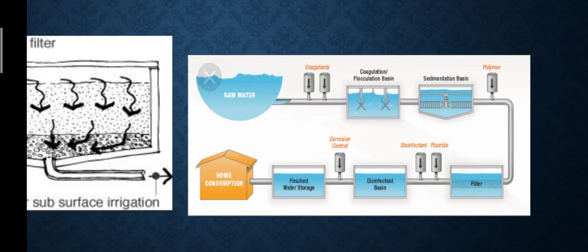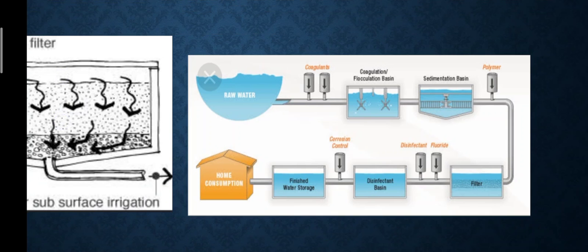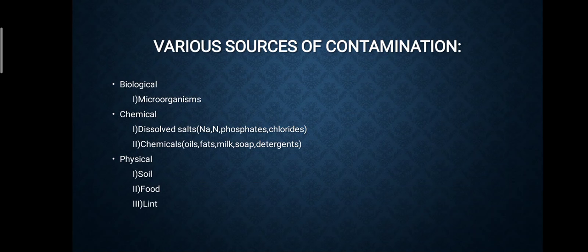In the setup, the raw water is mixed with coagulants and then passed on to the coagulation flocculation basin, and then to the sedimentation basin, where polymerization takes place. Then it comes to the filter, then to the disinfectant basin and finished water storage, and then it can be used for home consumption.